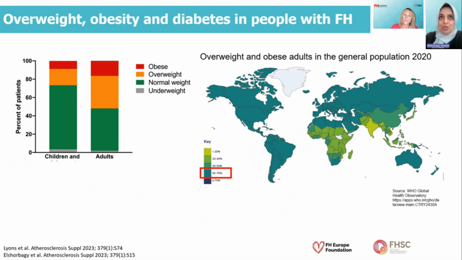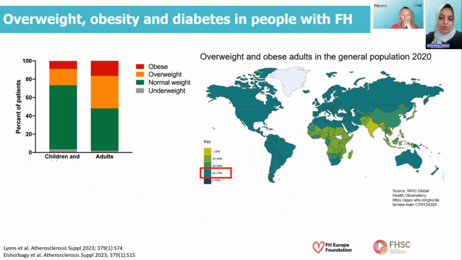And what we also found, quite similar to the general population, is the association between this overweight and obesity and disease. This is just a cross-sectional snapshot. We didn't follow up our patients to see if they develop diabetes or cardiovascular disease. We were just looking at them at one time point.